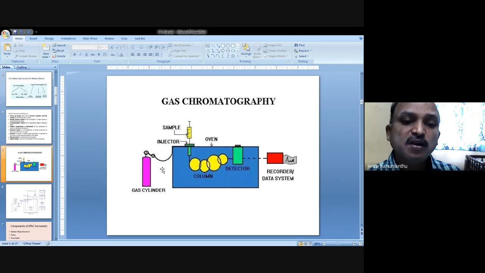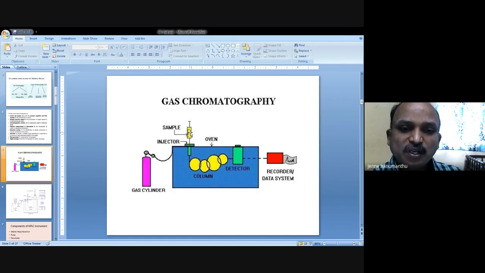Firstly, the operation is like this. With the available source of gas, like a gas cylinder, you apply a suitable gas at some pressure, and that is injected into the carrier along with the sample.